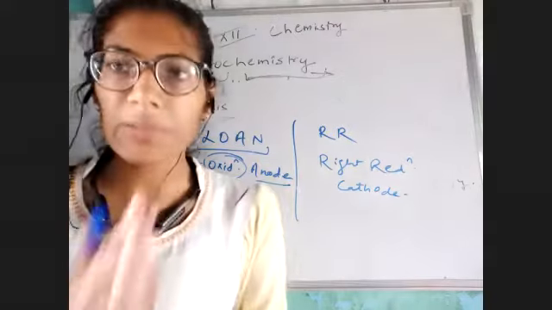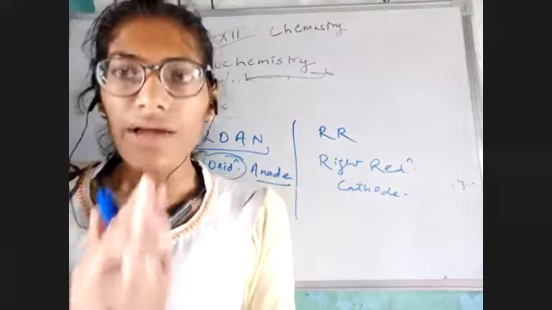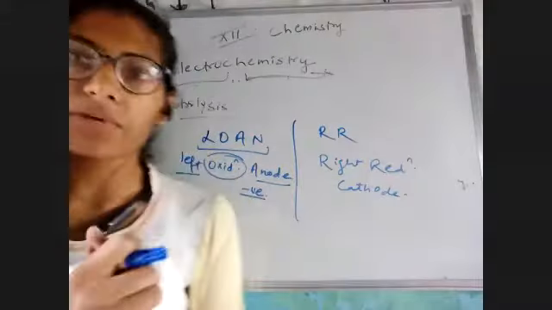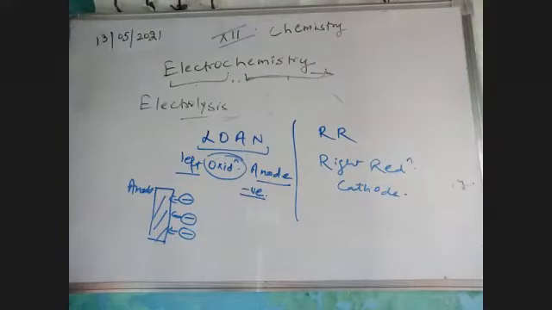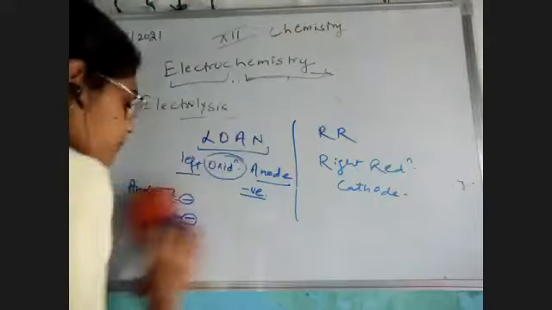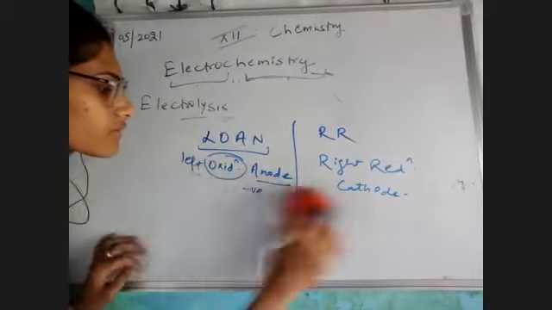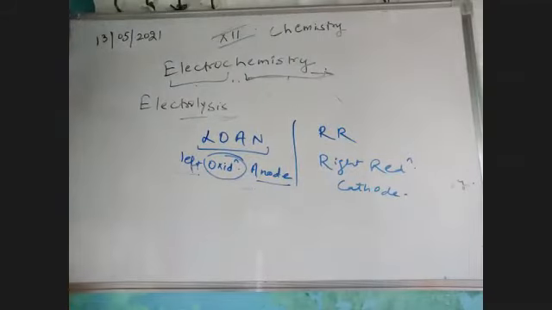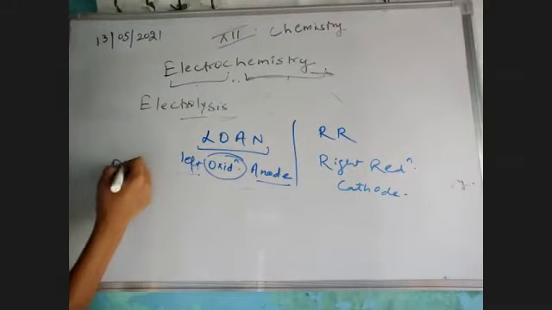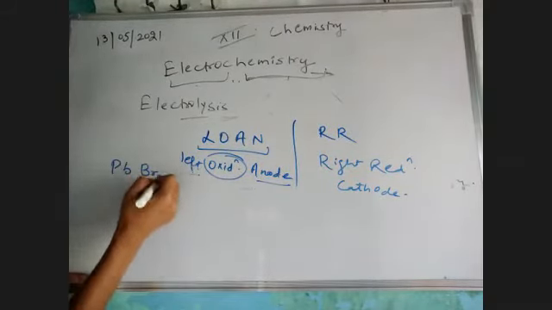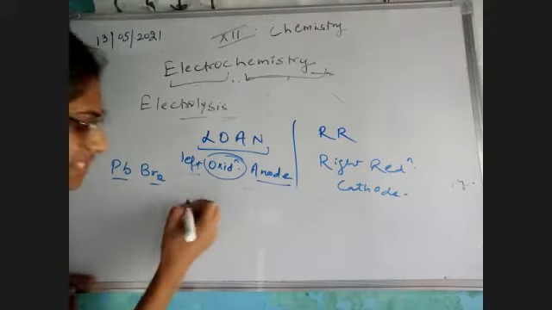Let me give you a simple example and you will see how this topic can be used. Okay, let's start with a simple reaction in which both oxidation as well as reduction take place. Let's say we have lead bromide, that is PbBr2.